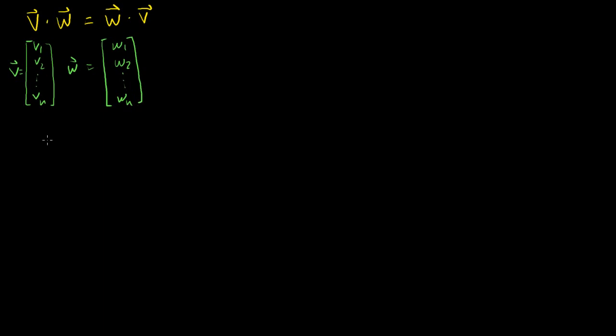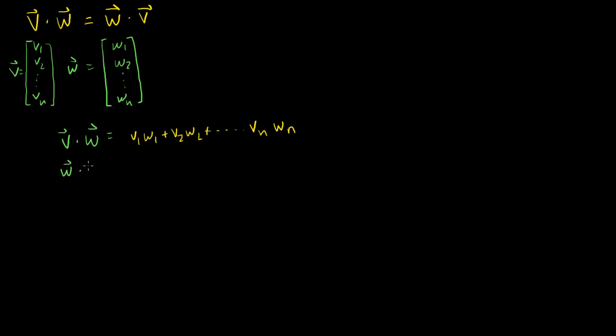So what does v dot w equal? v dot w is equal to v1 w1 plus v2 w2 plus all the way to vn wn.